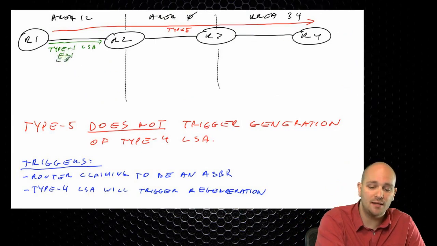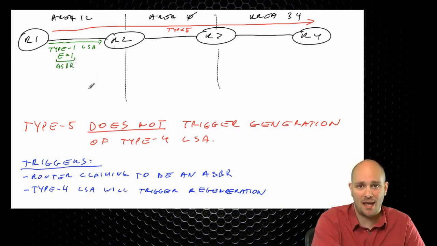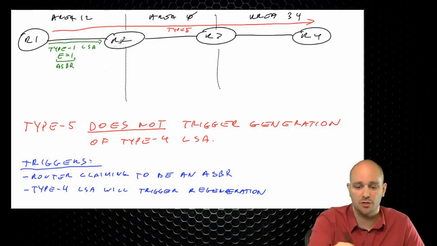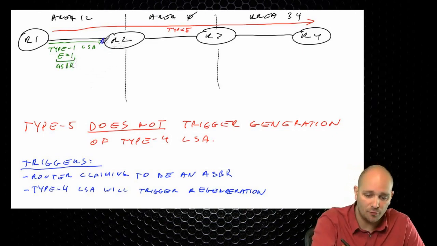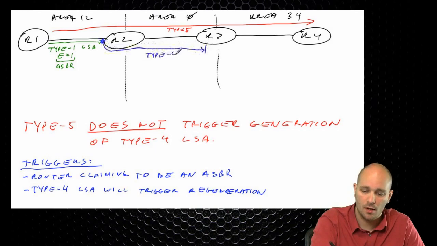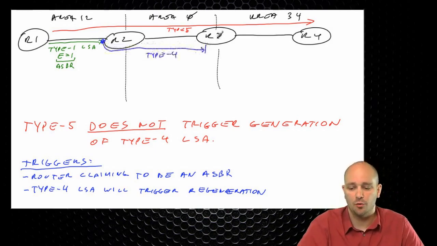Now, when E bit is set to 1, basically R1 is telling R2, I am an ASBR. When R2 receives this information, based on it, it is going to generate a type 4 LSA that will travel to R3.